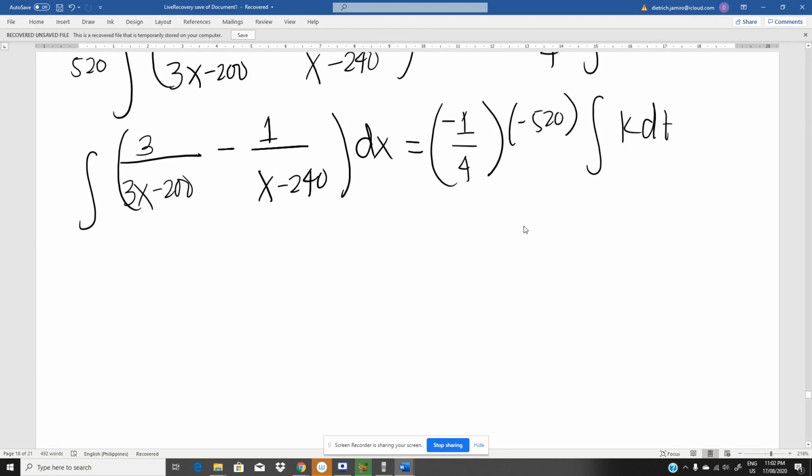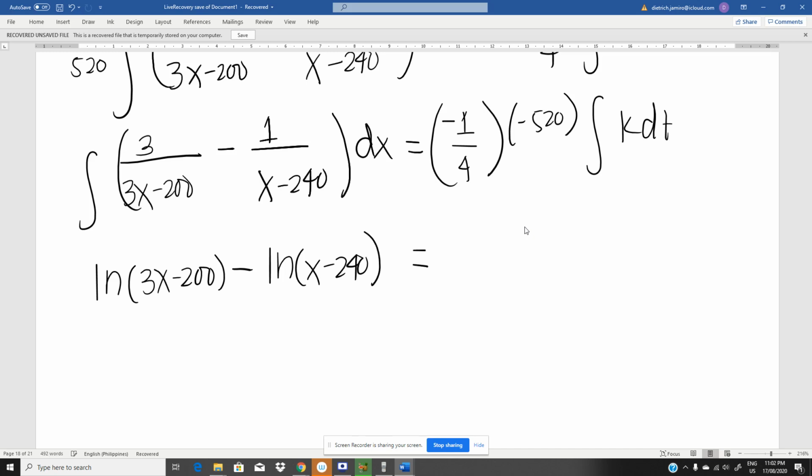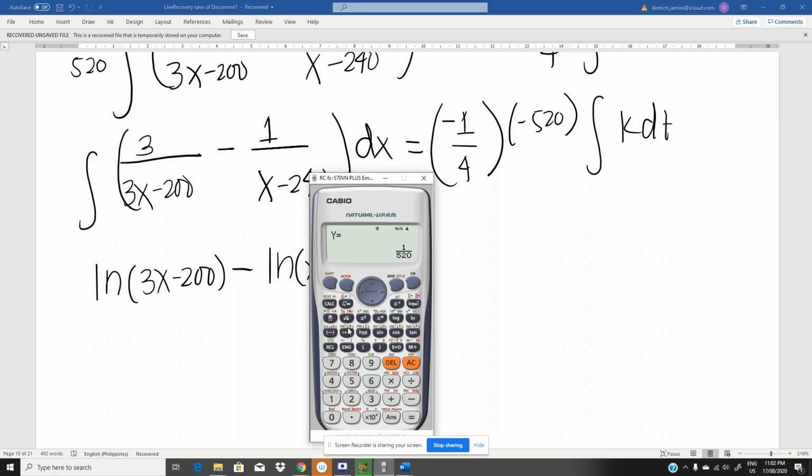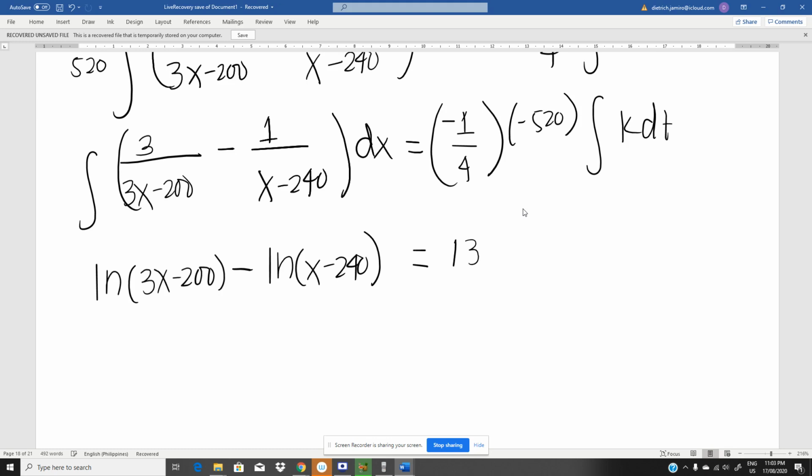So integrating now, we're going to have ln of 3x minus 200 minus ln of x minus 240 is equal to, let's use our calculator, negative 1/4 multiplied by negative 520, which is positive 130, so 130 kt plus c.